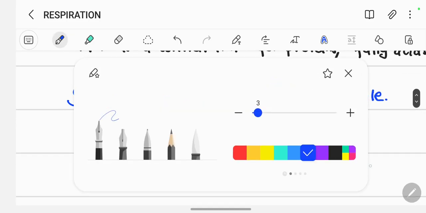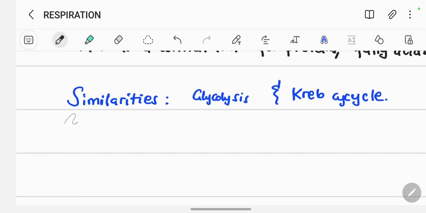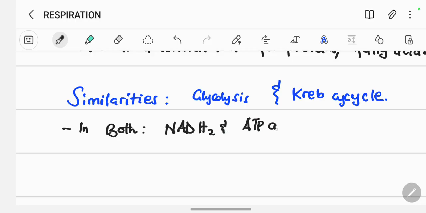In both glycolysis and the Krebs cycle, NAD, reduced NAD and ATP are formed.